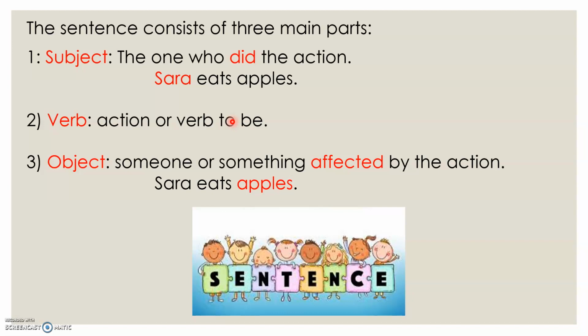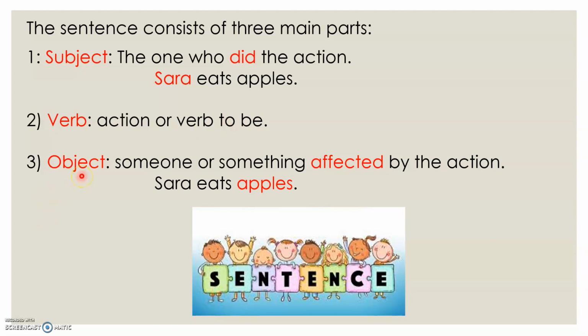So we must have a verb in the sentence no matter if it is an action verb or verb to be. Now, after the verb, we have what we call the complement of the sentence, or specifically, if we are talking about the direct object of the sentence. What does that mean? What's the meaning of the object of the sentence?